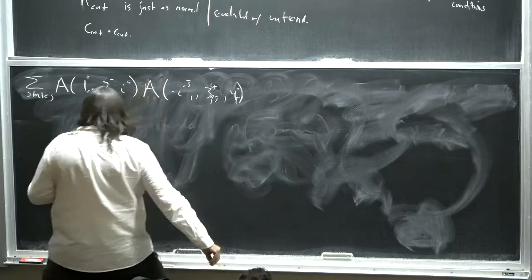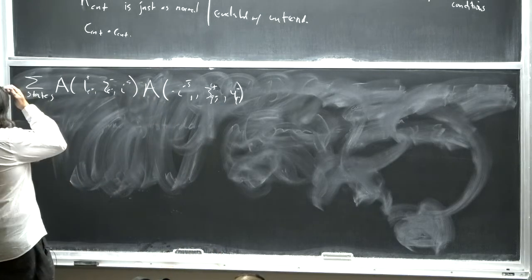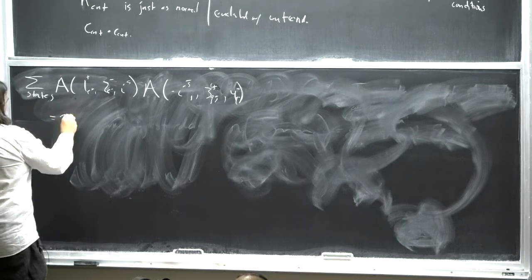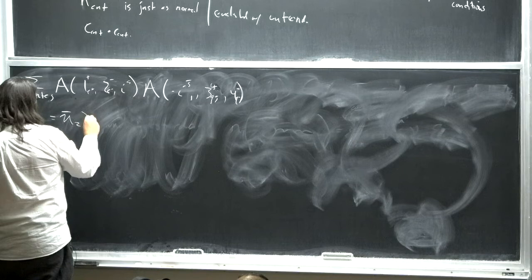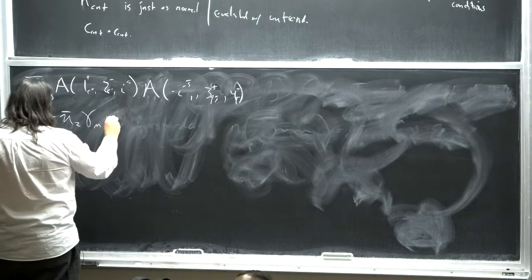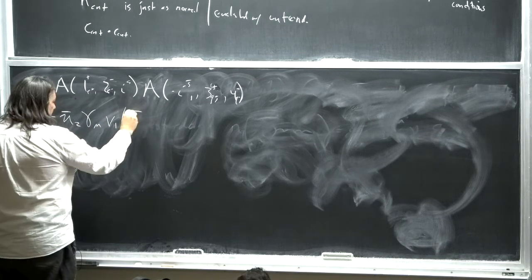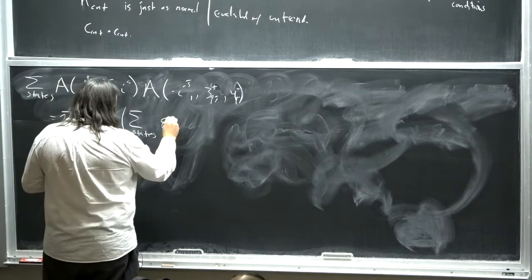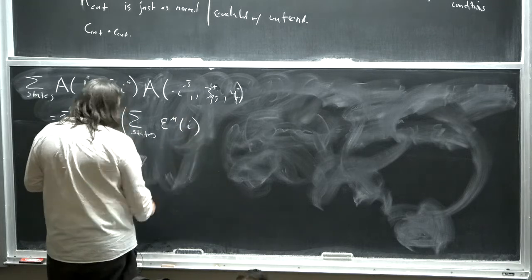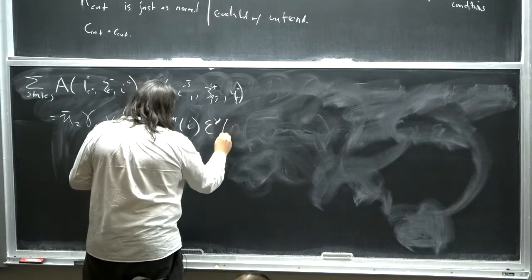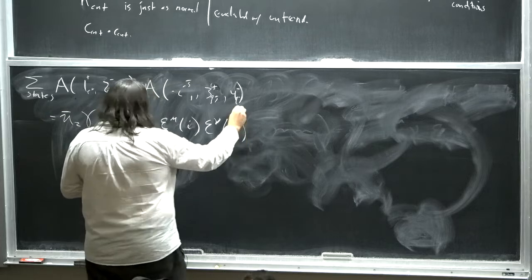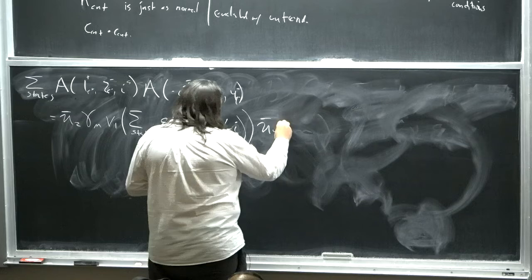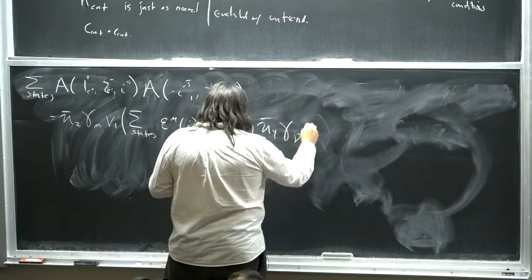Okay, good. So this is going to be U bar 2, gamma mu, V1, sum over states, epsilon mu I, epsilon nu minus I, U bar 4, gamma nu, V3.